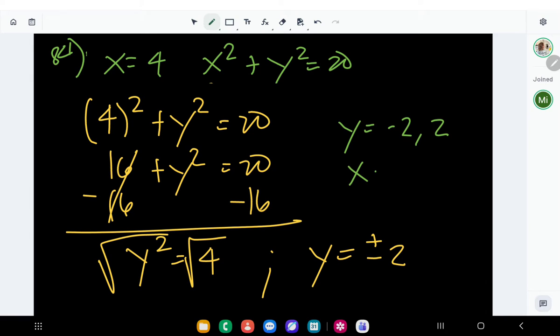So your x is 4, 4. No. When x is 4, y is negative 2 and 2. Yeah. Is that the last problem?